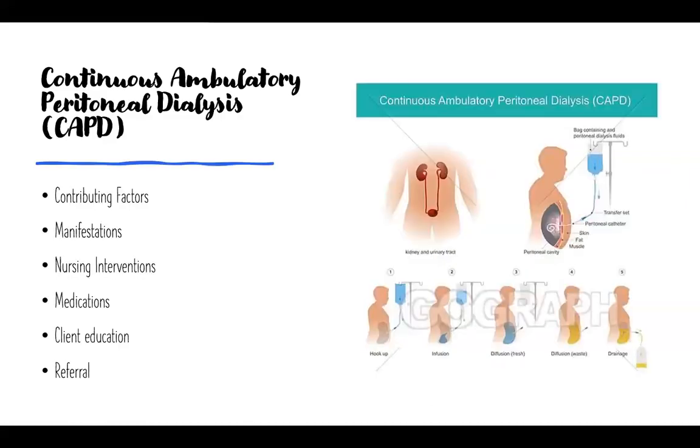Okay, and when we talk about peritoneal dialysis, this is going to be an alternative method, and they're going to use the peritoneum, which is the abdominal cavity, to remove fluid, electrolytes, and waste products from the blood.